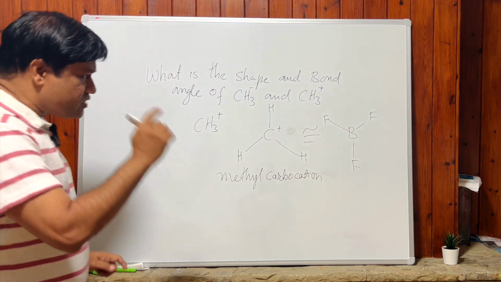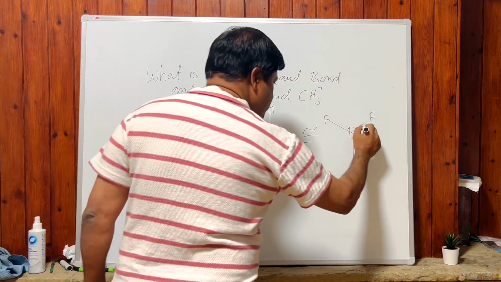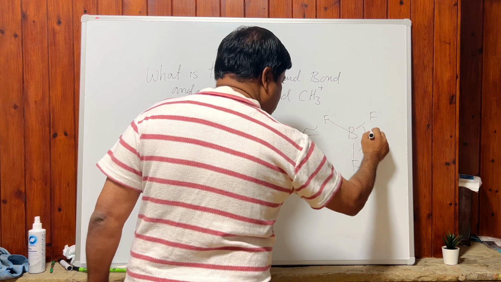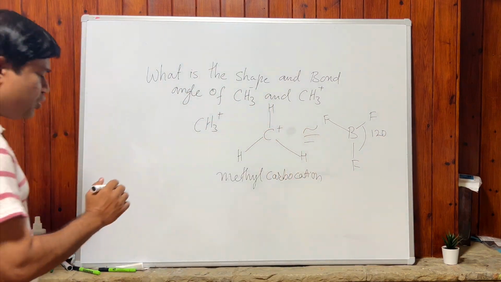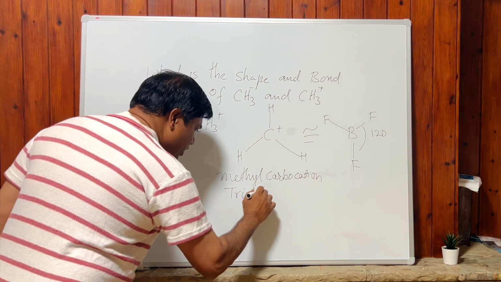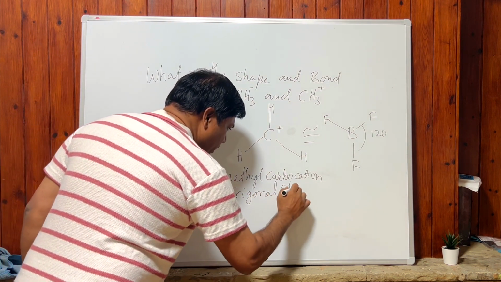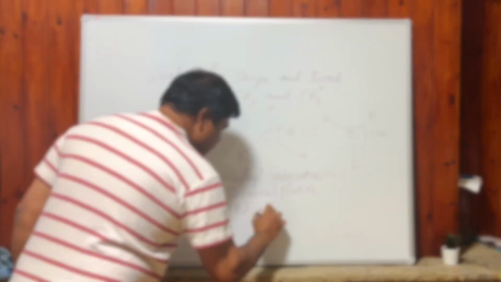We have discussed the shape and bond angle of BF3. The shape is trigonal planar and the bond angle is 120 degrees. Same thing here: the shape is trigonal planar, and the bond angle is 120 degrees.